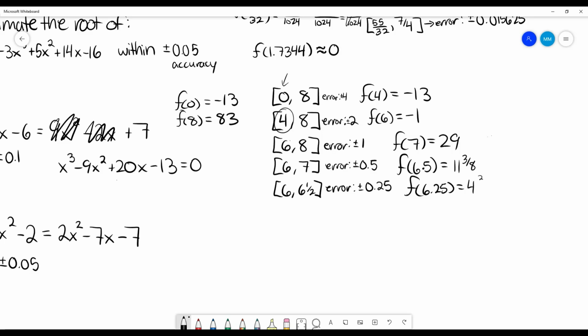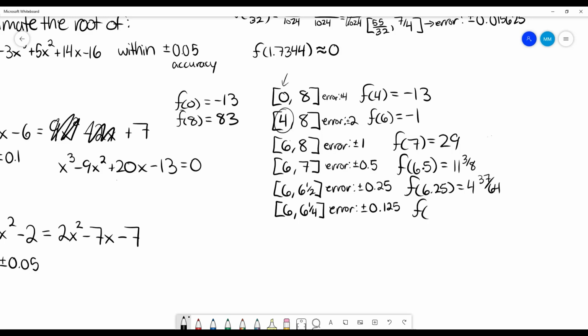That gets us 4 and 37/64. So we'll plug in that there, and that gives us an error of roughly this. So one more and we should be within our desired tolerance.